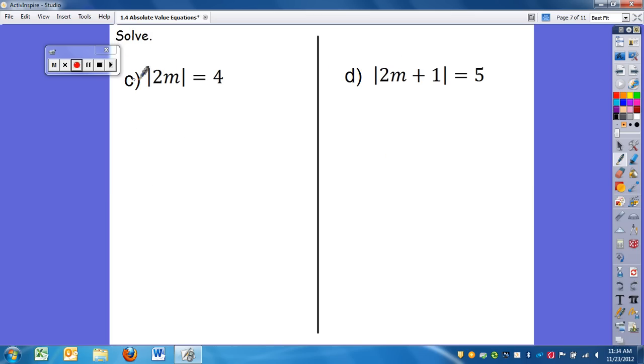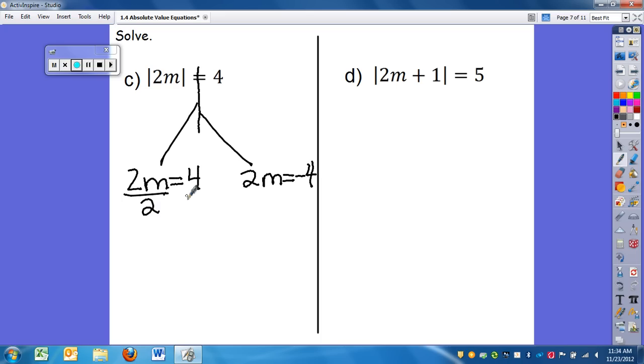So in C, again, I have the absolute value all alone on the left side. From here, I'm allowed to do my two equations. I have 2m equals the positive distance, and 2m equals the negative distance, which is negative 4. Use my inverse operations that we learned with equations. So I have m equals 2.